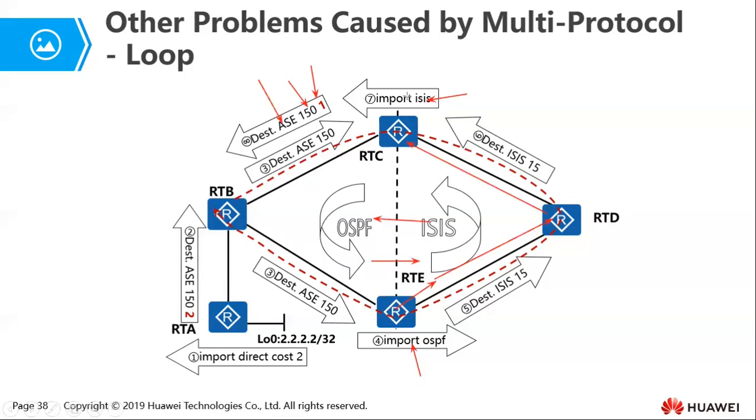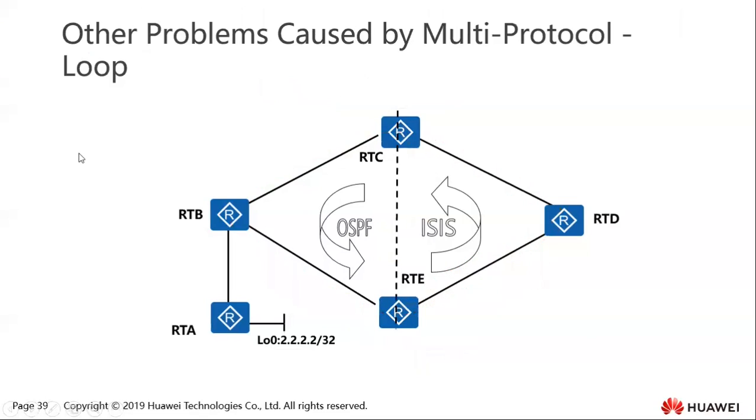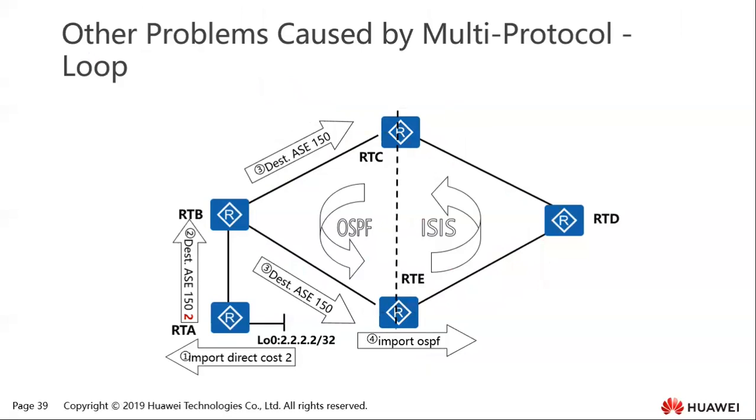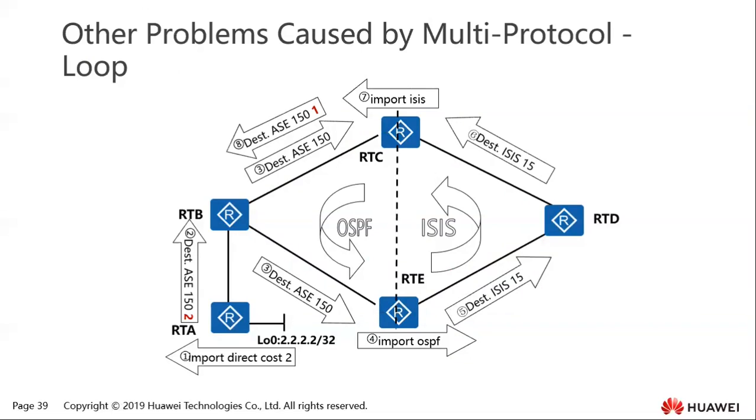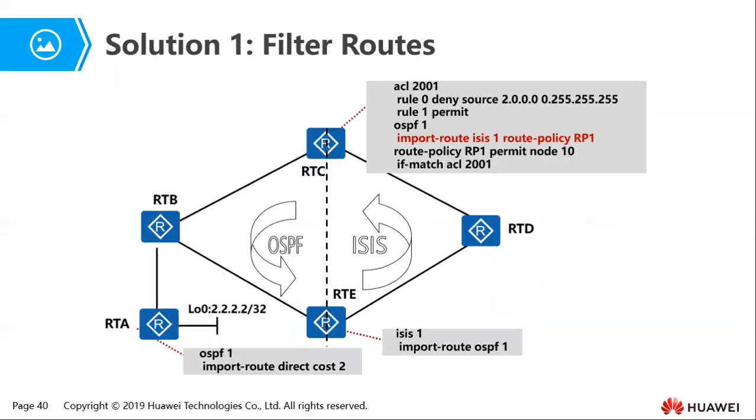If you follow these arrows, you can see that we already have a loop. That is the other problem with using multiple protocols in such a scenario. So what will be the solution? This is exactly what I was demonstrating: we import the direct route, and we have a loop.